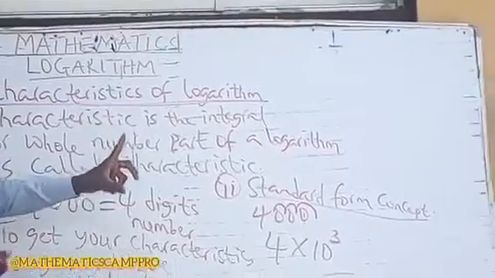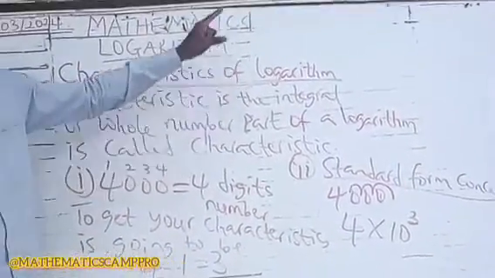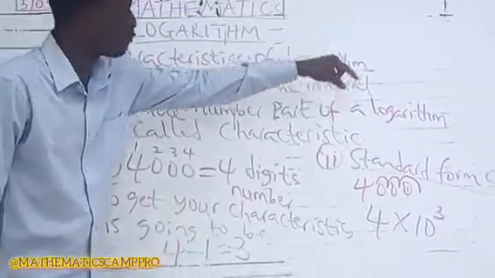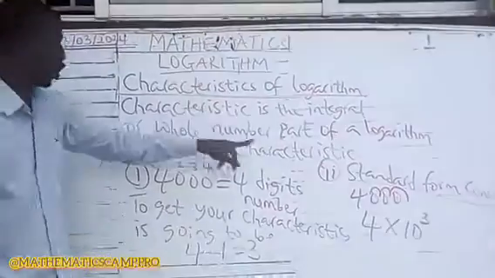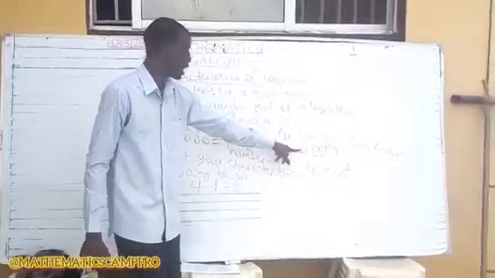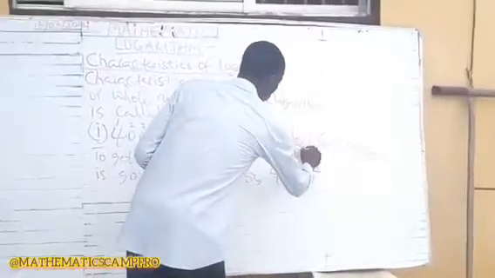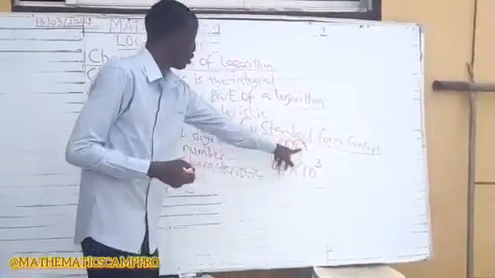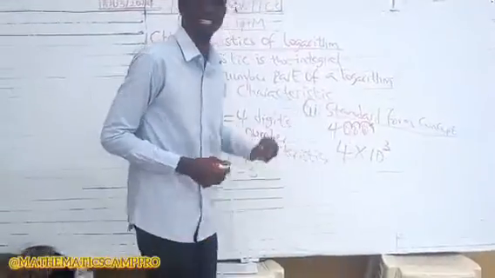I said, for you to understand logarithm, characteristics of logarithm, standard form concept can also be used to get your characteristics. Look at this number. Viewers at home, look at this number. Now I have kindly used the right direction movement, and this is 1, 2, 3. Now, what is your characteristics?